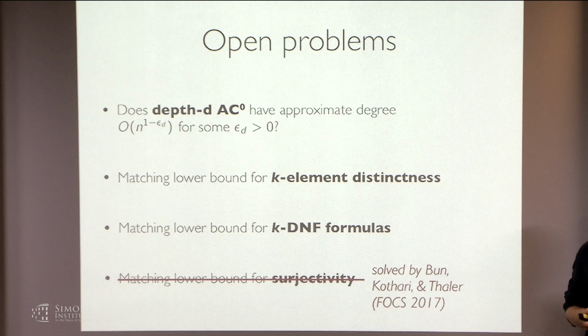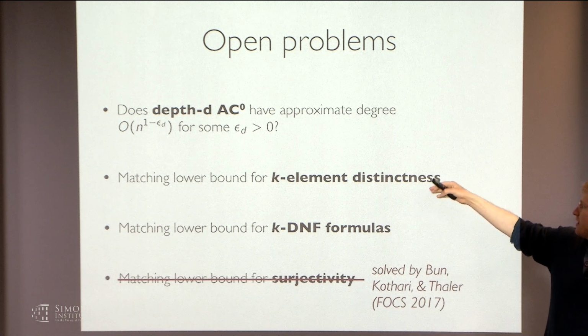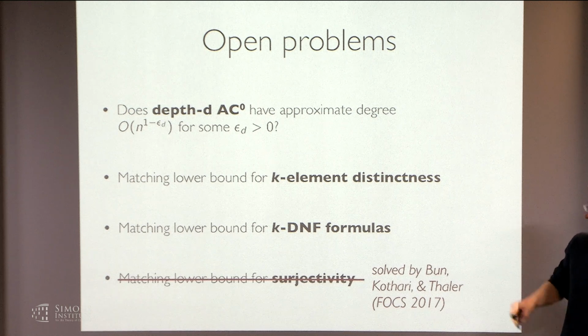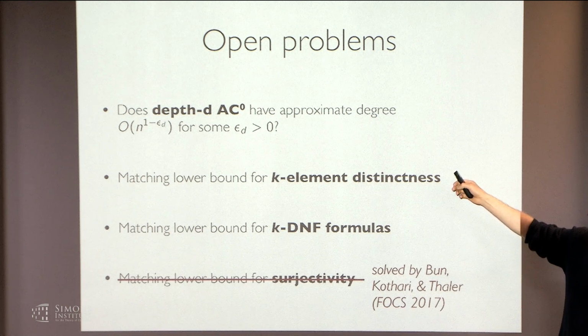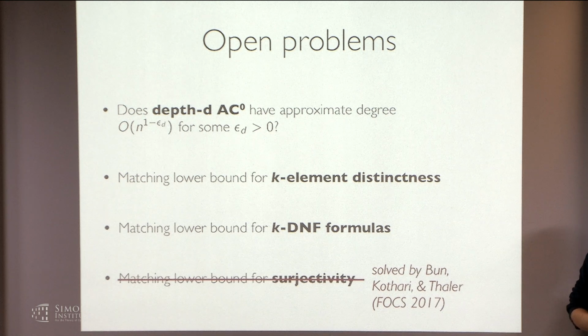That paper uses the sublinear upper bound on surjectivity as inspiration to prove lower bounds on a number of other problems. The status of the other 2 problems remains wide open. They're difficult problems, both k-DNF and k-element distinctness. Both of these problems have seen a lot of work, and it's not clear quite how to proceed.